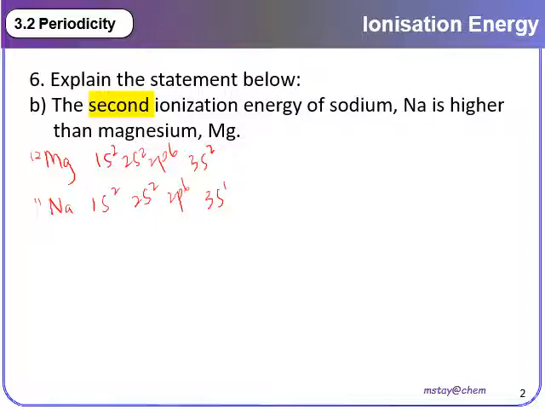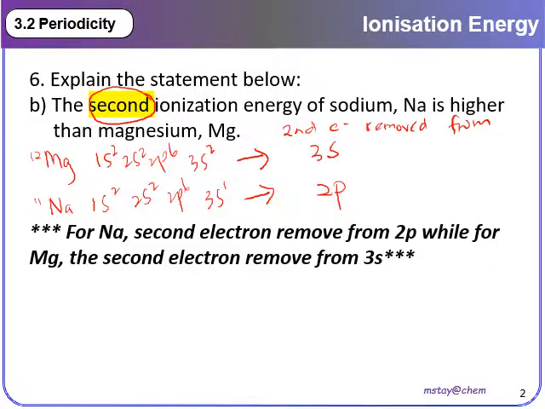In this question, we want to check the second ionization energy. For magnesium, the second electron will still be removed from the 3s orbital, while the second electron removed from sodium will be from the 2p orbital.